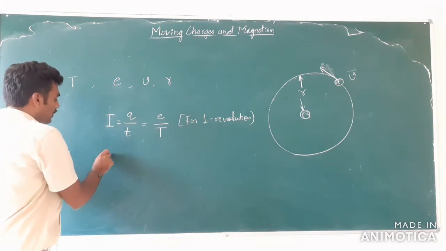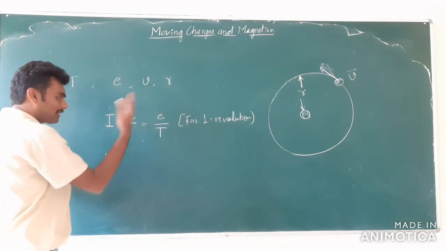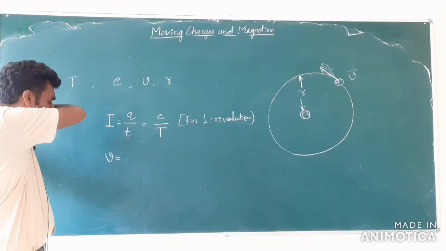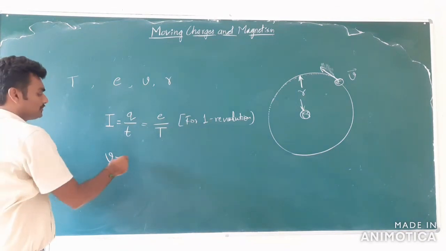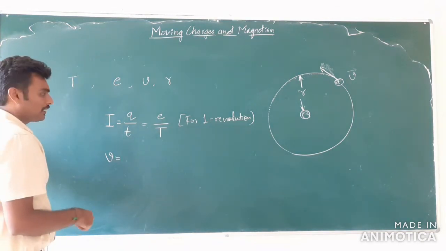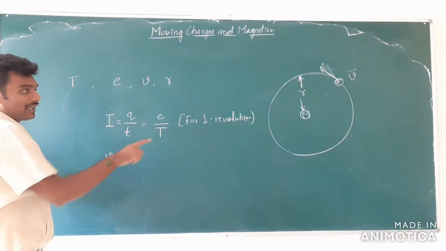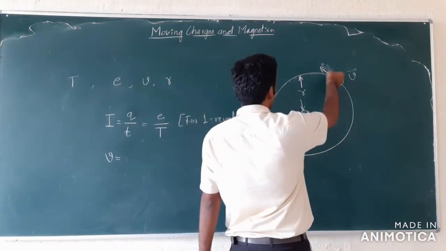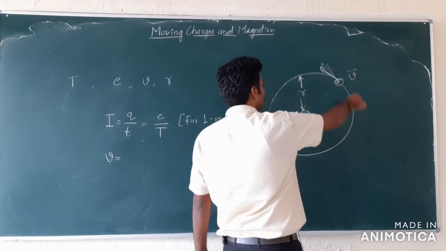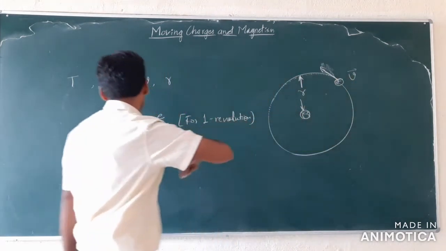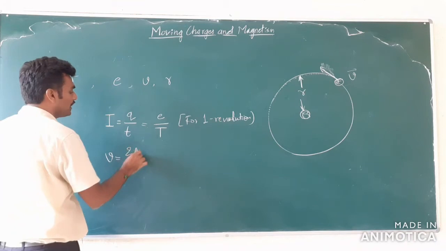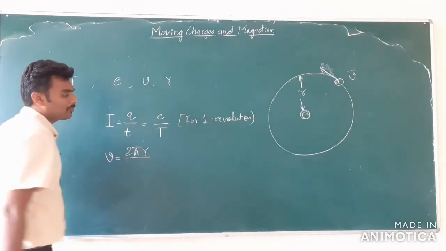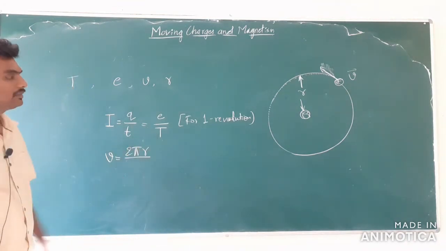Okay, so velocity or the speed or the magnitude of velocity, all of them are same, is equal to distance traveled by time taken. Again, for one revolution, what is the total distance covered by the electron? For one revolution, the distance covered by the electron is equal to the circumference of the circle, which is equal to 2 pi r, divided by time taken.